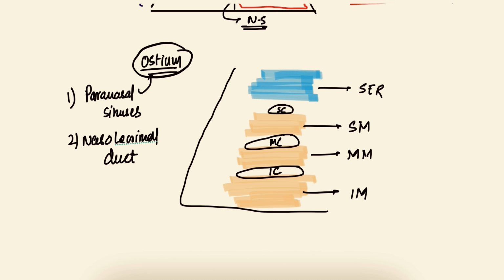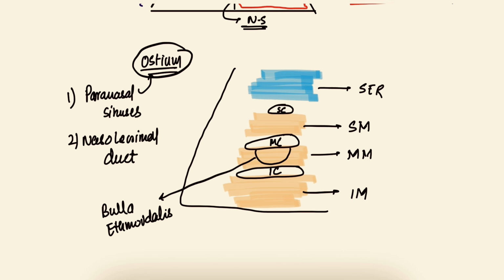Now see, the middle meatus has a rounded elevation, just beneath the middle concha. This rounded elevation is called the bulla ethmoidalis.